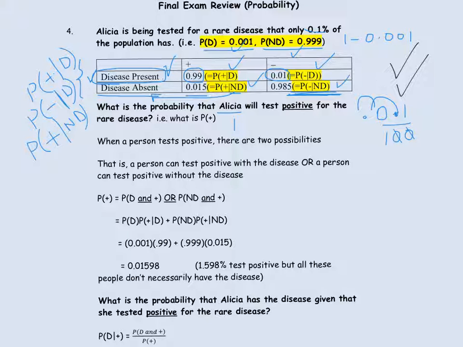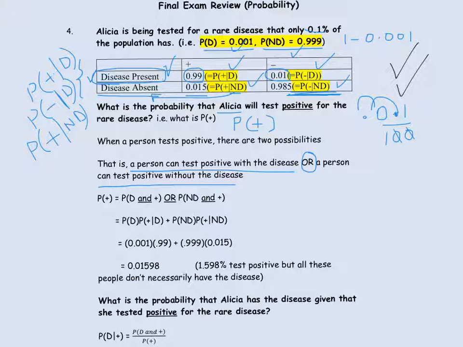First write down what we need to figure out: the probability that a random person will show positive on that test. We have to think about two possibilities, because a person can show positive when they actually have the disease, but they can also show positive when they do not have the disease. So we have to consider two cases here.